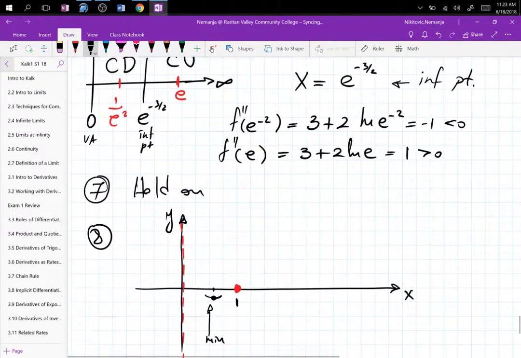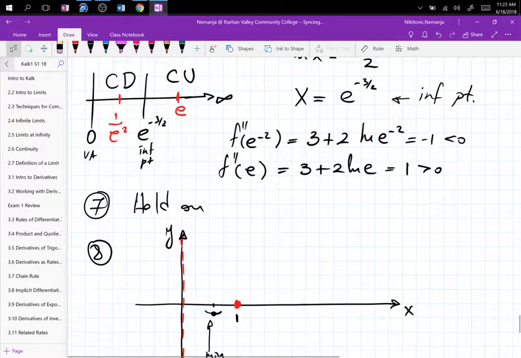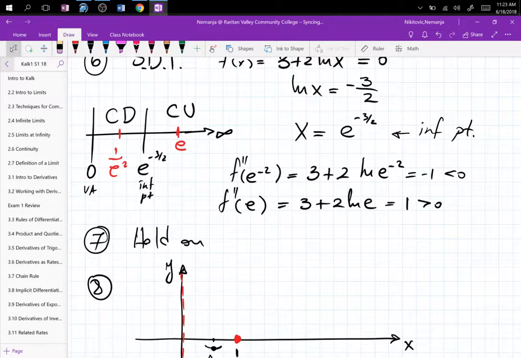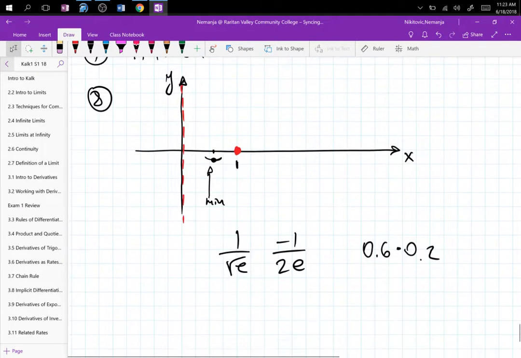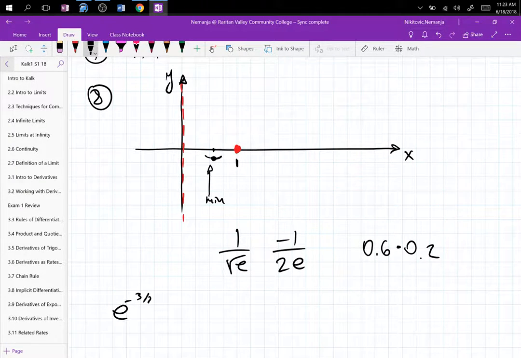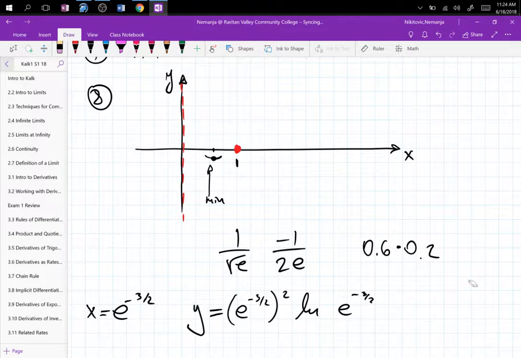Concave up, concave down. Okay, let's see what this is. Oh, we didn't compute the y coordinate for the inflection point. So we have e to the negative 3/2 as x. To find its y, I need to go e to the negative 3/2 squared times ln e to the negative 3/2. I don't need parentheses.